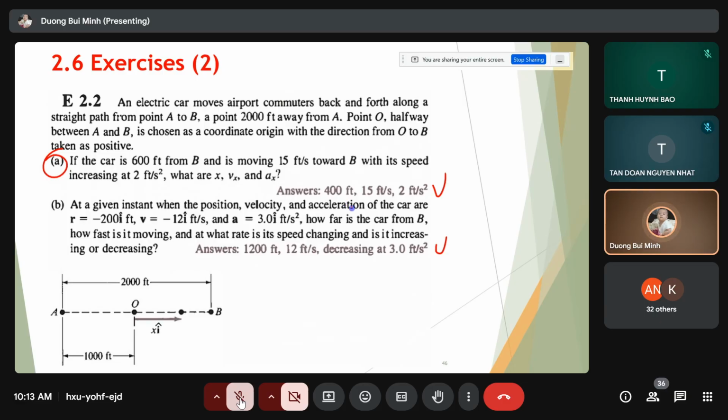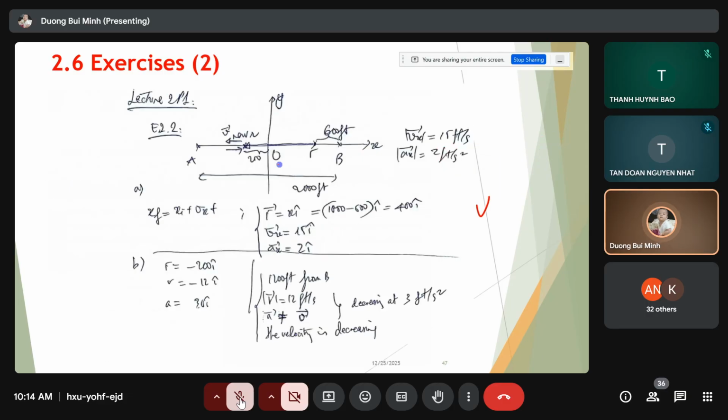Okay, so the electric car moves airport commuters back and forth along a straight path from point A to point B, which are 2,000 feet apart. Point 0 is halfway between A and B. So this is A, this is B. I'm lazy to draw, so just use this one.